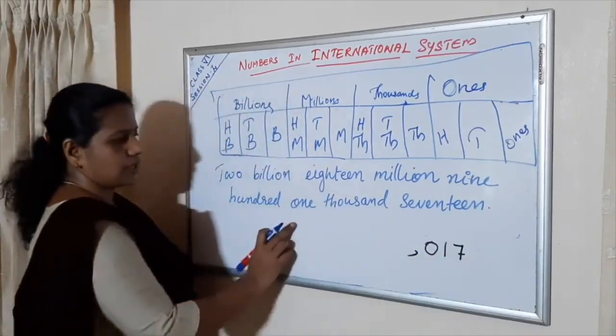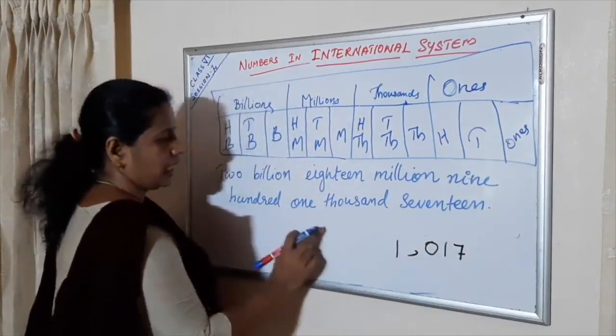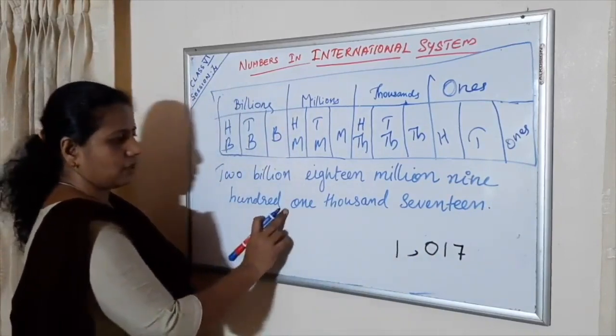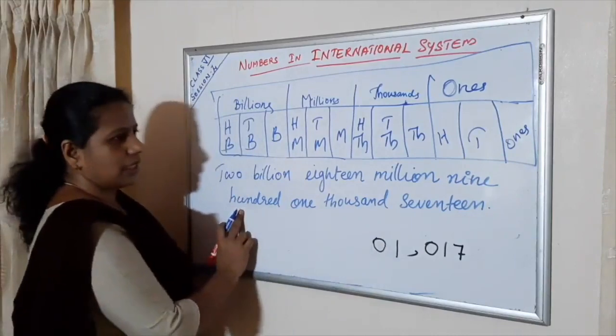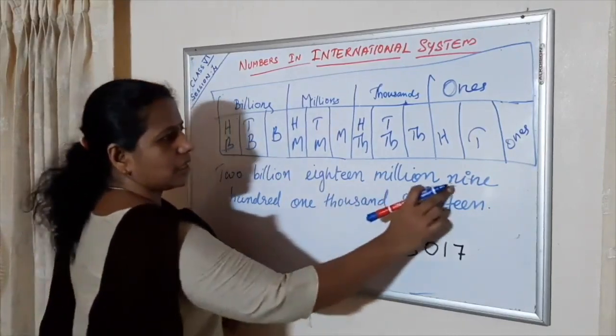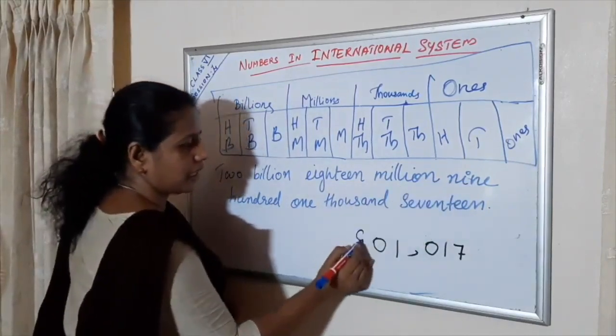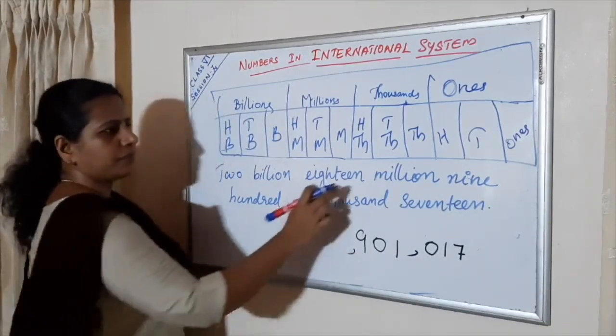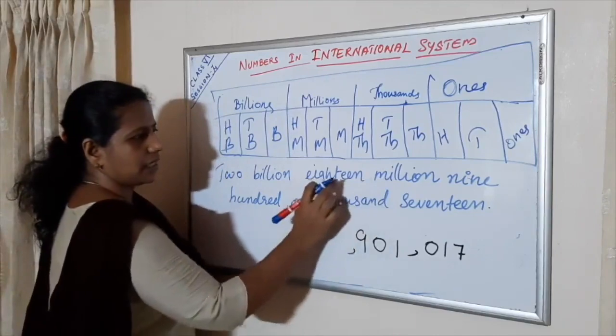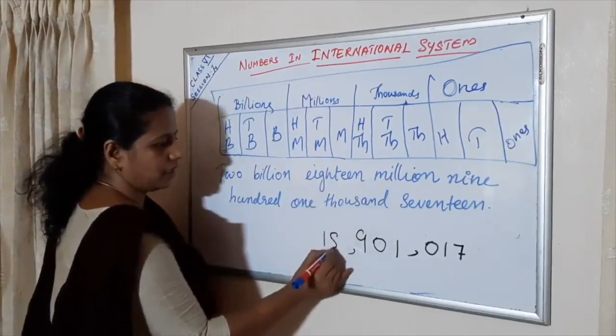Then 1000 place 1 is there and in 10,000 place nothing is there, so put the next comma. Then hundreds place 9 is there, 9,000. Okay, then insert the next comma. Then millions place 18 million is given.